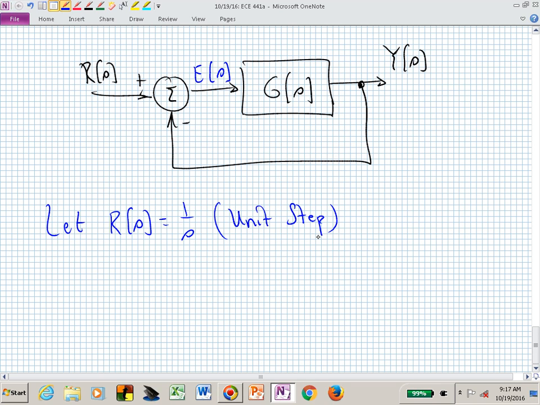for a unit step. And if it's not a unit step, how do we change that? If it's a constant, how would we change R of s? If little r of t was a constant A, how would we write capital R of s? That would just be an A over s, right?